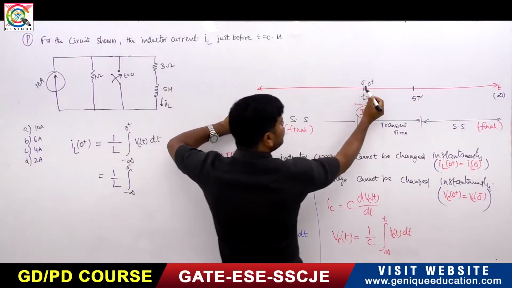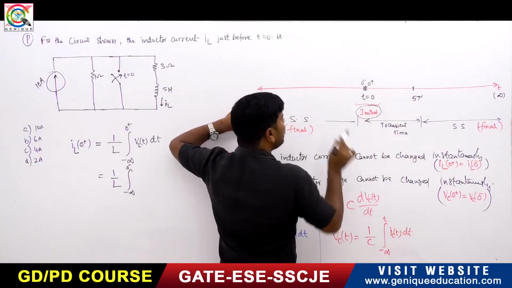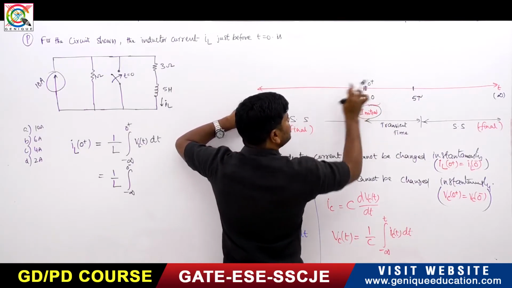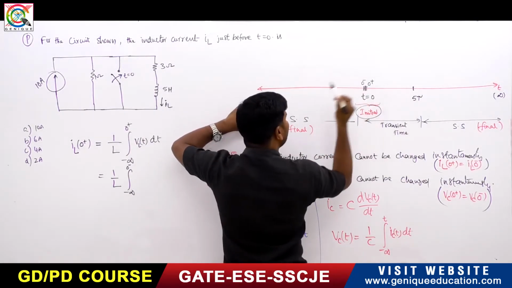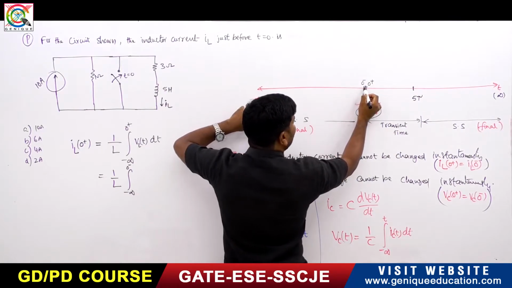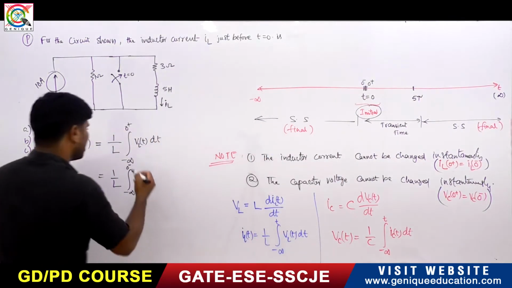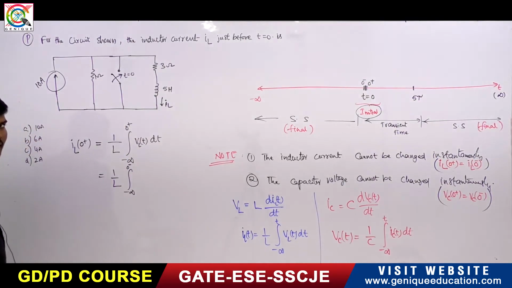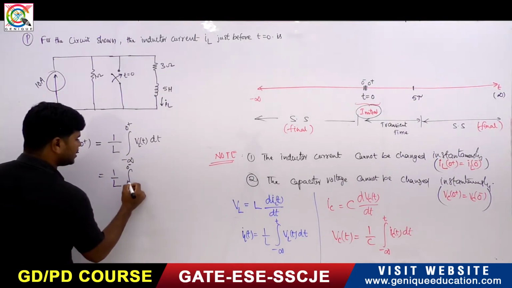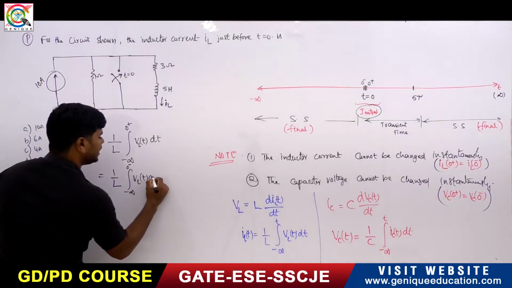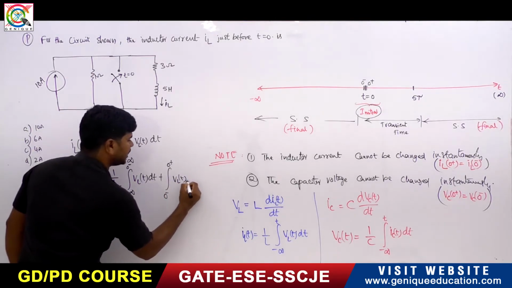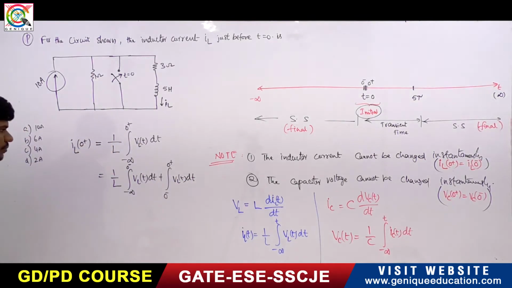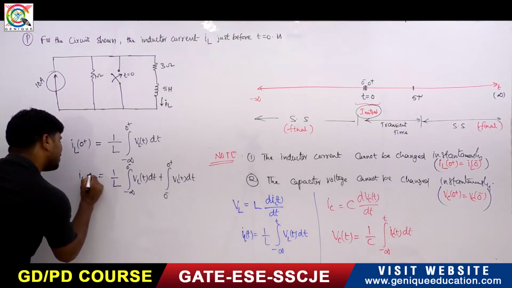Now I am dividing this entire integral into two parts: from minus infinity to 0 minus, and from 0 minus to 0 plus. So it is 1 by L into the integral from minus infinity to 0 minus of VL of t dt, plus the integral from 0 minus to 0 plus of VL of t dt. Right or not? This is IL of 0 plus.